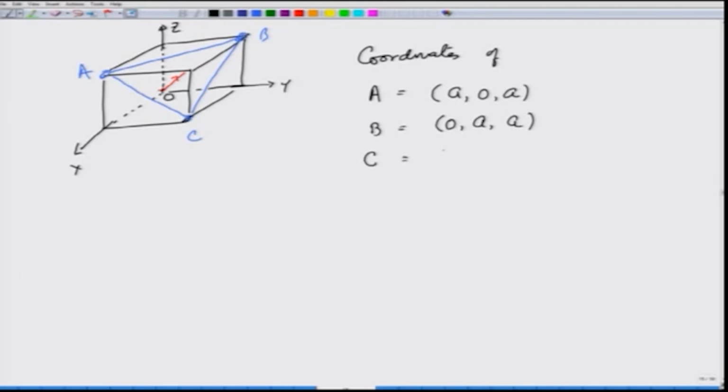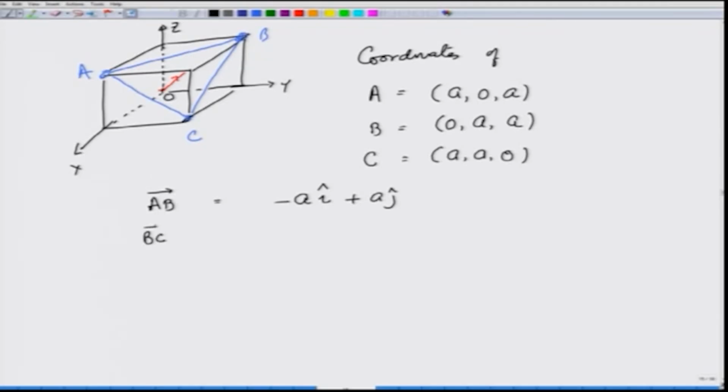Coordinates of C are 0 in direction z, but in x and y direction I have to move by A and A, and therefore, vector AB, recall from how we form vectors from the previous problem solving session, is going to be coordinates of B minus coordinates of A, and therefore, minus A i plus A j.